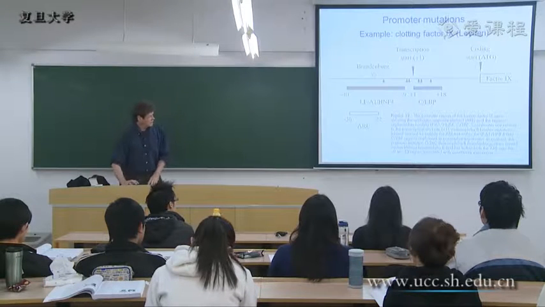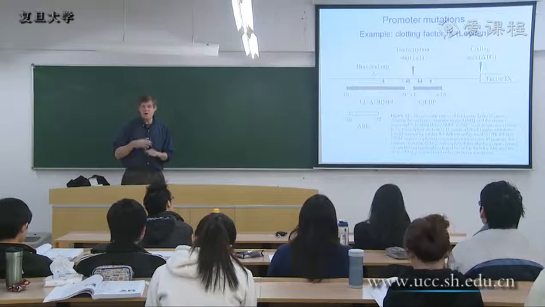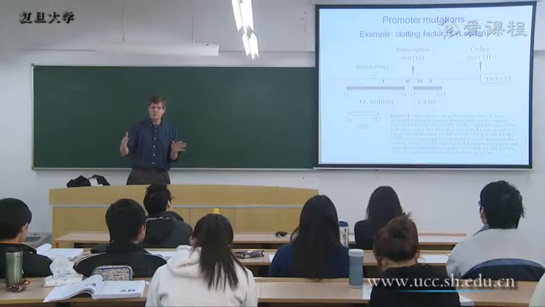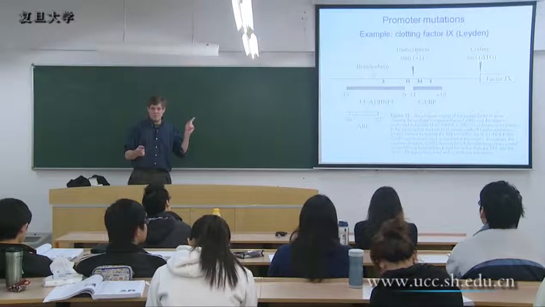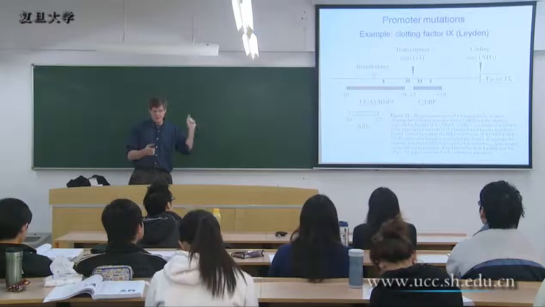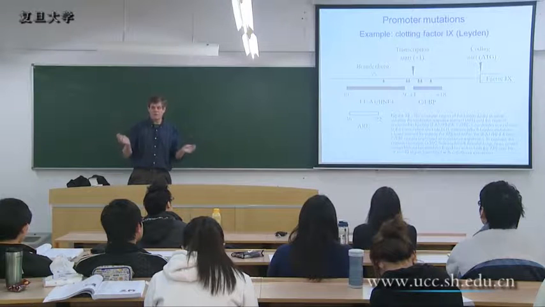And so these sites right here interfere with the binding of factors that are required for gene expression in juveniles, but in adults, they're not required. And so people who carry one of these mutations have hemophilia when they're young, but then they grow out of it.